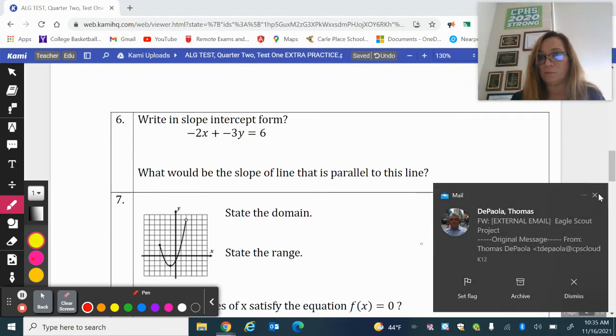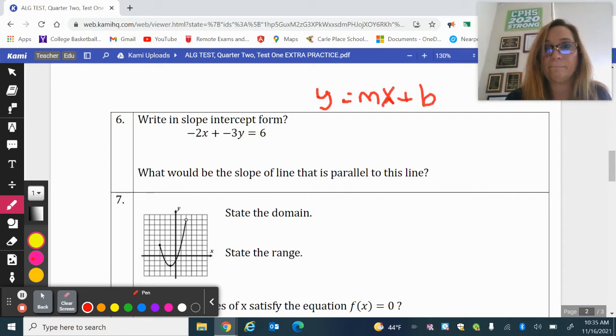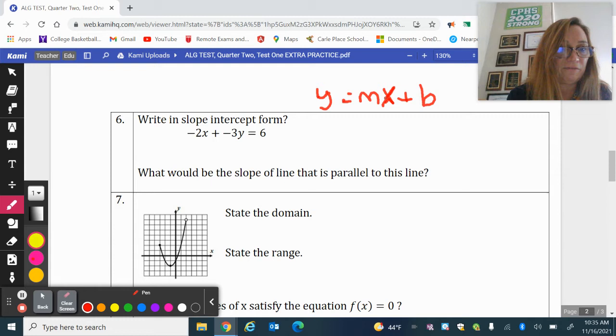Write this in slope-intercept form. Okay, so that's going to be the y equals mx plus b. Y equals, I don't know why it's not writing today, but mx plus b. All right, so the first thing I'm going to do is move the 2x to the other side. Maybe if I get a finer point, I wonder if that would work. So add 2x.